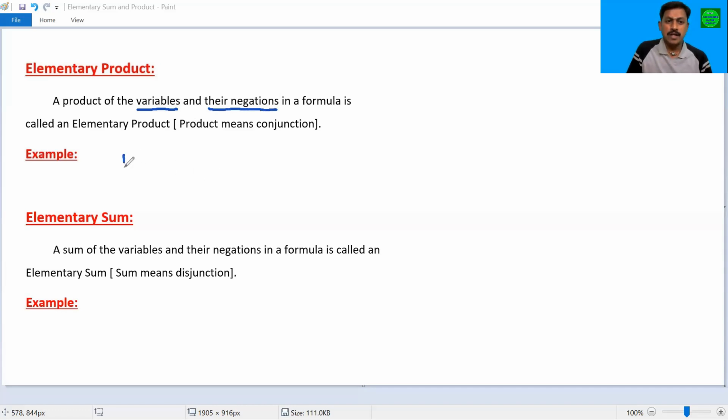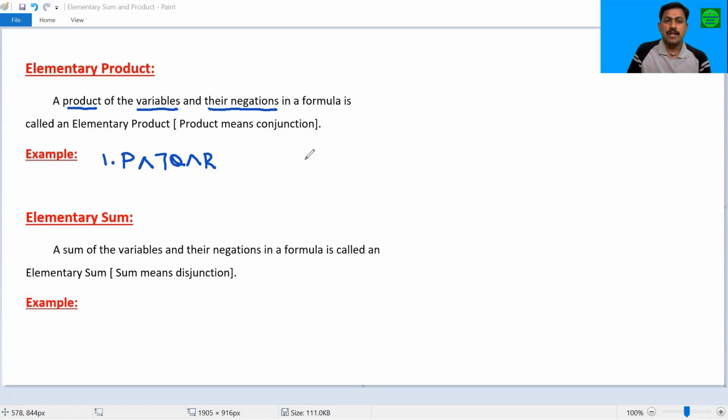I will consider any variable and some negations of the variables, and if you take the product between them, it is called an elementary product. Product means conjunction, so put conjunction symbols between variables and their negations, then the term is called an elementary product.